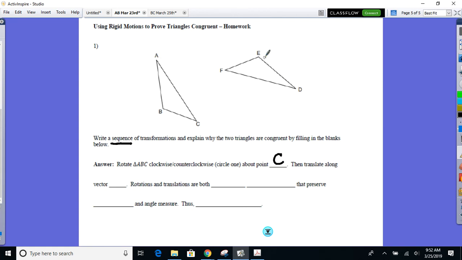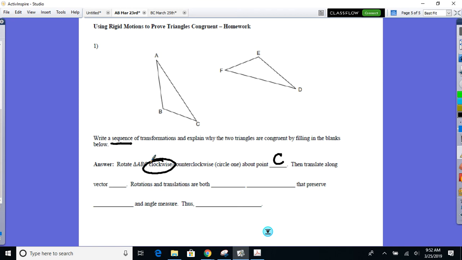Clockwise, yep. So rotate it clockwise around point C. Would it always have to be the shortest distance? You could rotate it counterclockwise and match up too. That's why I said circle one. It doesn't matter which one, I just wanted to make a decision here.